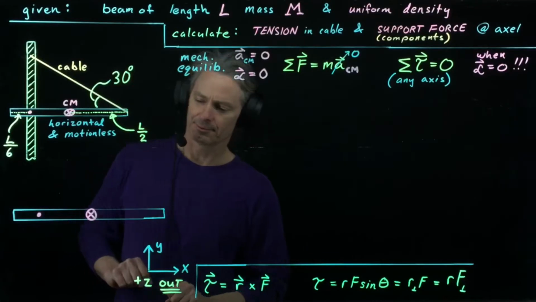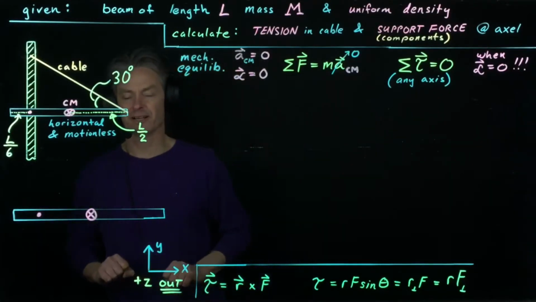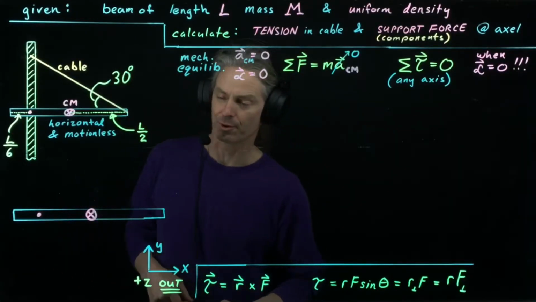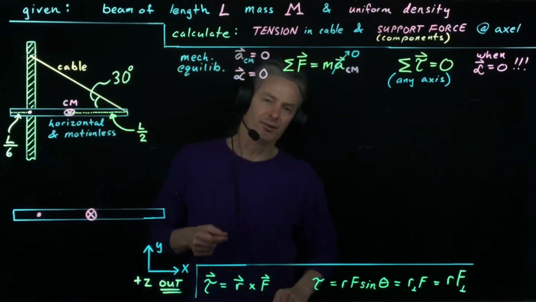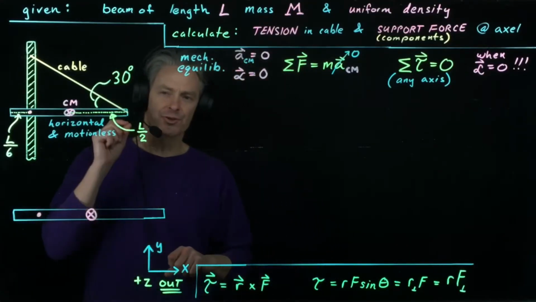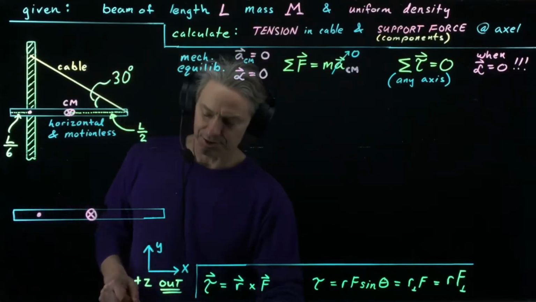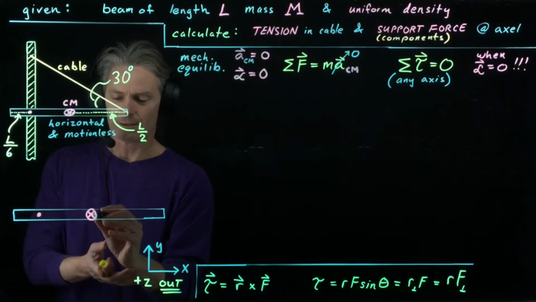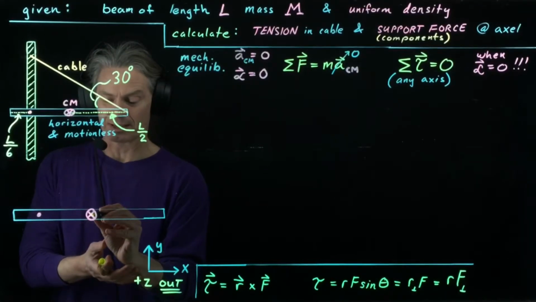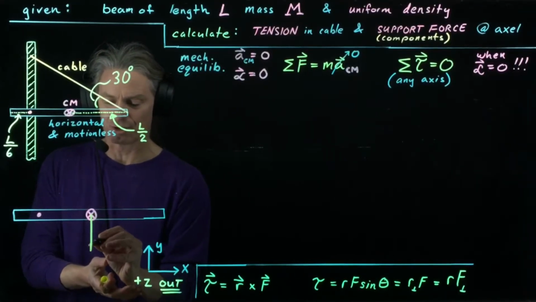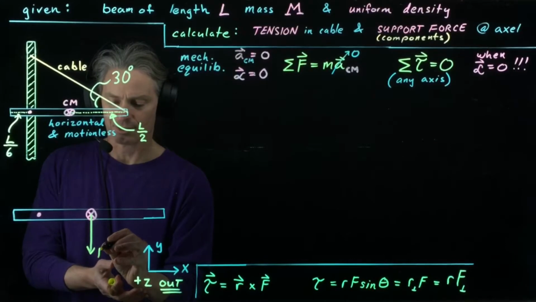All right, let's put our forces on this free body diagram, starting with the gravitational force. For an object in a uniform gravitational field, we can treat the gravitational force as acting entirely at the center of mass. So we can put that in here. The gravitational force will have magnitude capital M times G, and it's going to point directly downward.